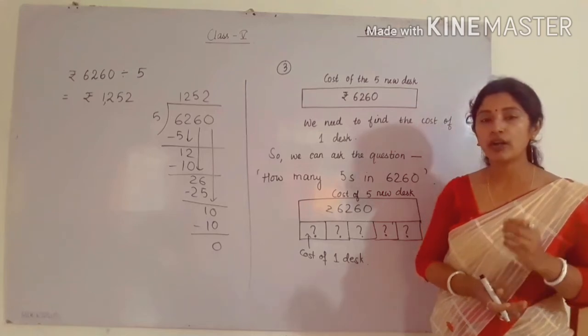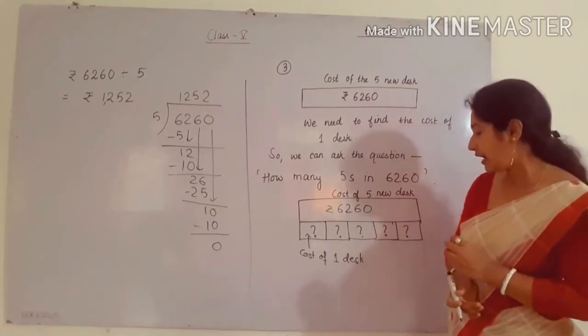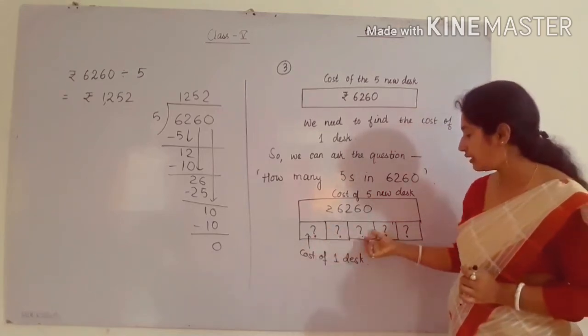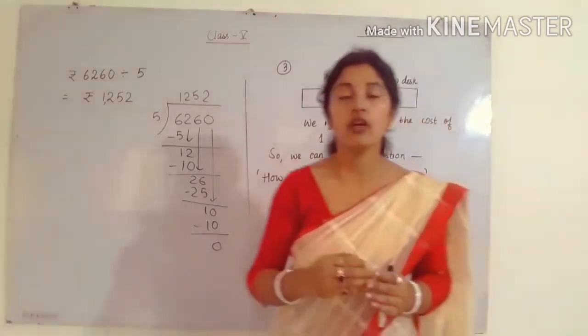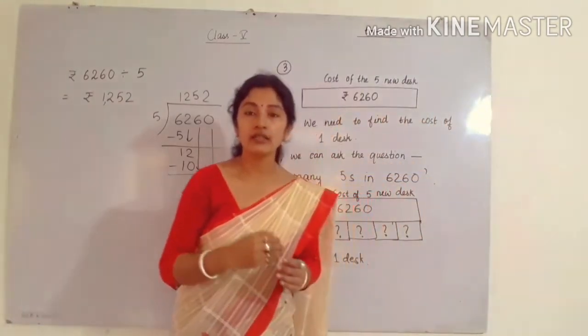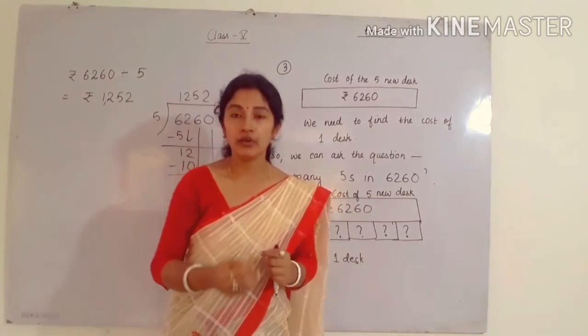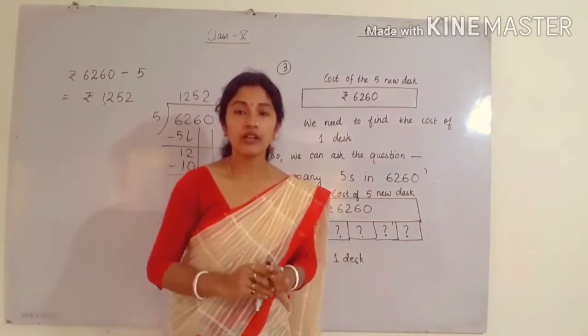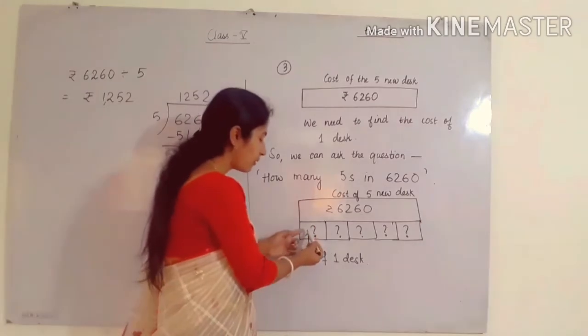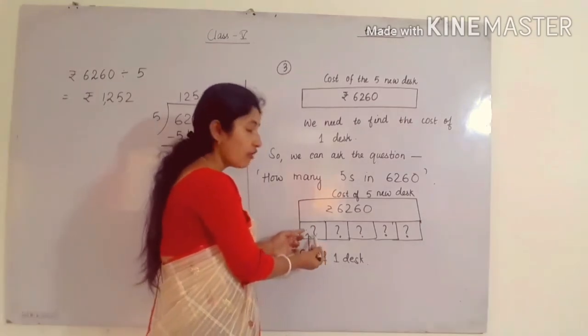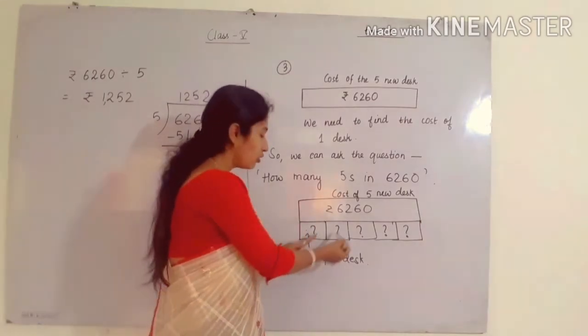But sometimes the quantity will be absent and the cost will be given for one. Then in that case also you have to divide, but you have to find the quantities that you are buying. In that case this box will be filled with the cost of one desk, and you don't know the quantities.